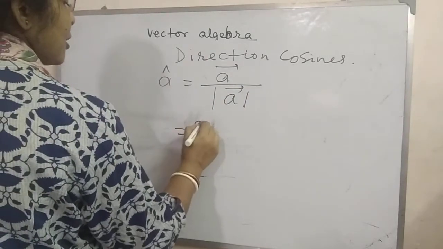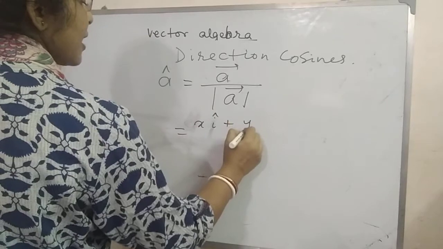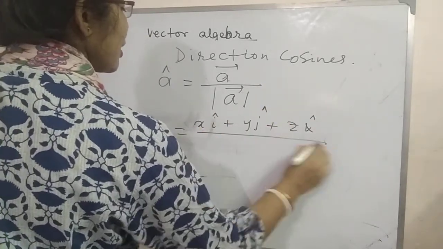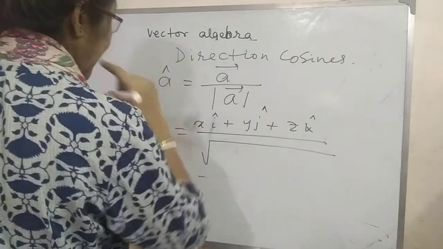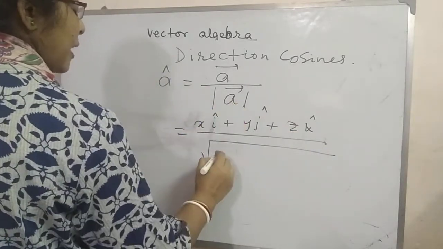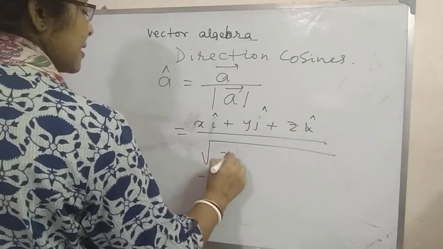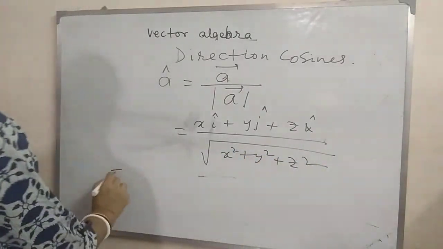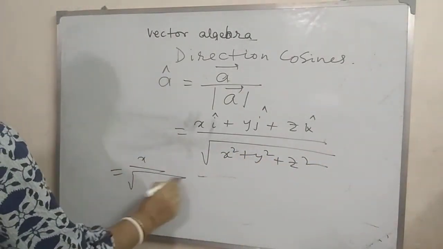Here A equals xi plus yj plus zk, and the modulus of the vector is root over x square plus y square plus z square. I can write it in this way.